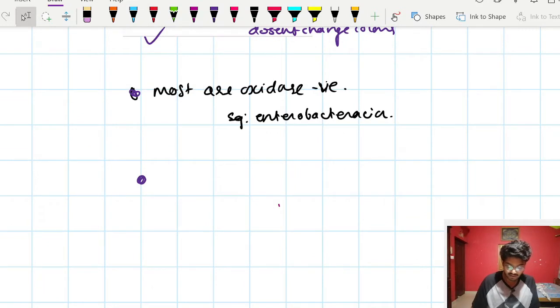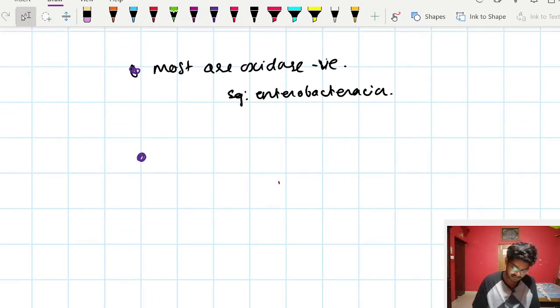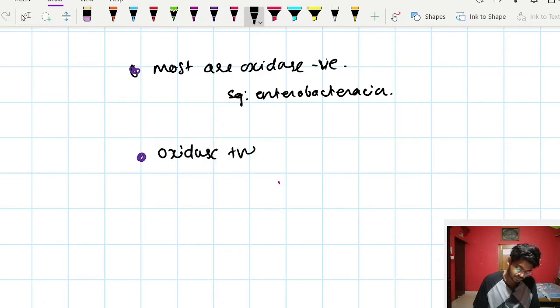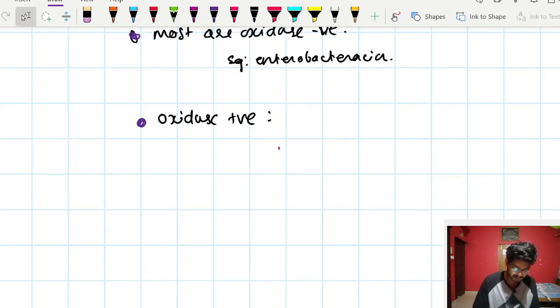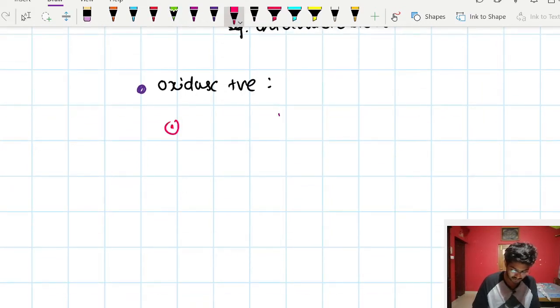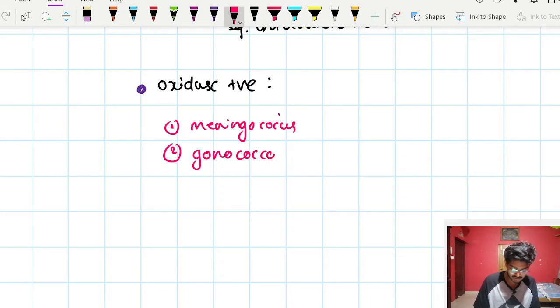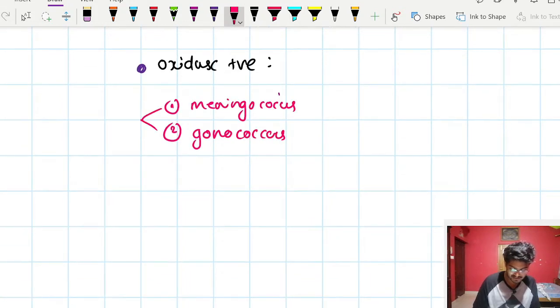Then what are the organisms which are oxidase positive? Let us study about that. Oxidase positive bacteria, for example, are our famous Neisseria, Neisseria meningitidis and Neisseria gonorrhoeae, meningococcus and gonococcus. Okay, this is the first set.